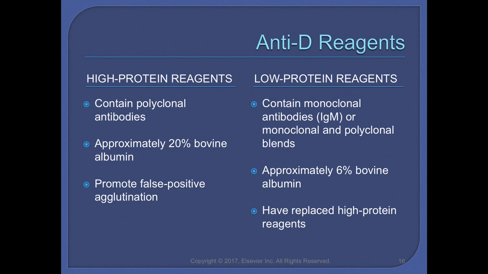Low protein reagents contain monoclonal antibodies like IgM or monoclonal and polyclonal blends. They have approximately 6% bovine albumin, and they have replaced the high protein reagents because of their specificity to detect the D antigen in the patient's or donor's red blood cells.